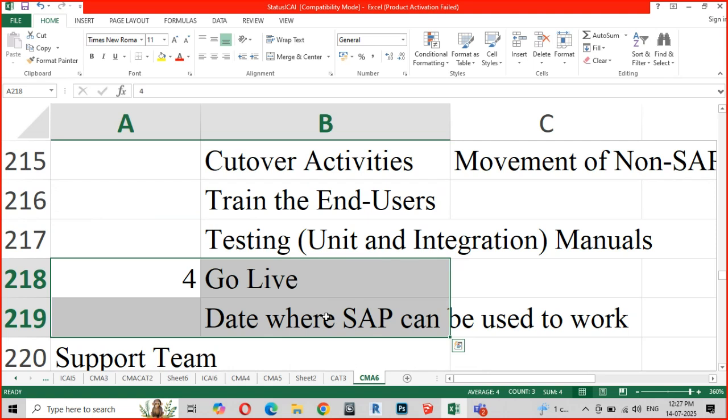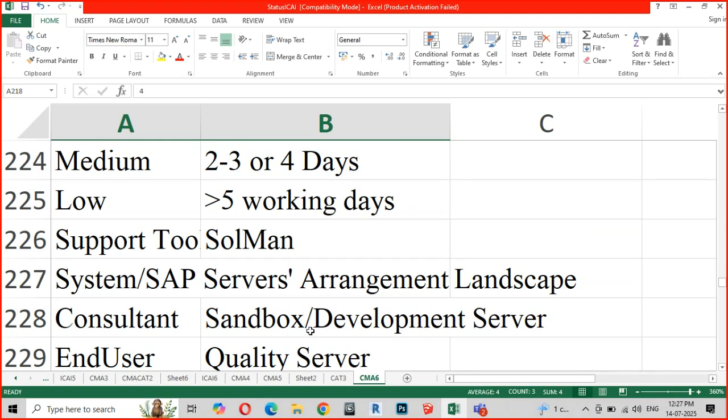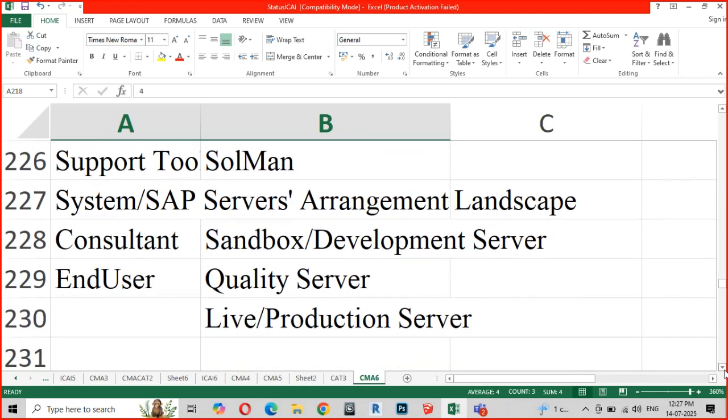Or if you want me to explain what is the landscape. The landscape is nothing but the system arrangement for a typical project. Meaning to say, everybody, as I said, will not be given access to the entire SAP system, especially when you're talking about the consultant in a project and an end user in the project.